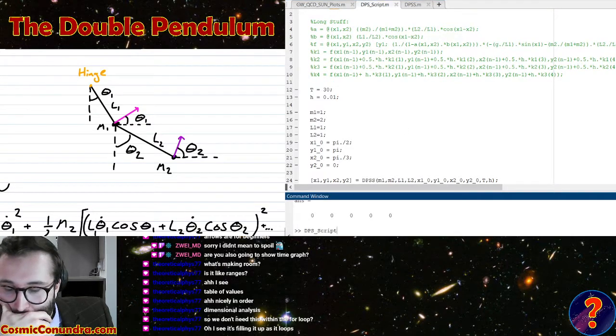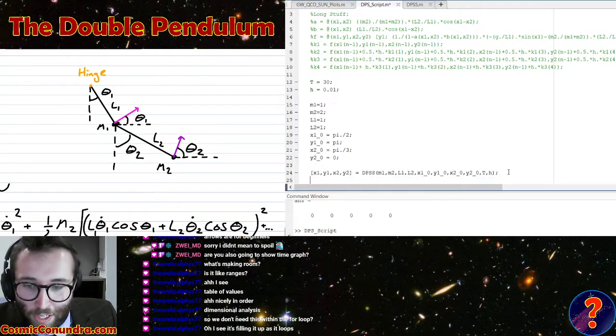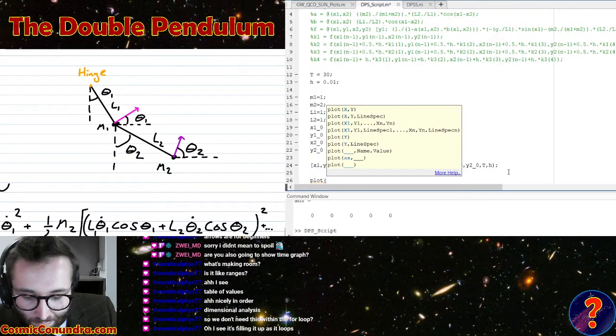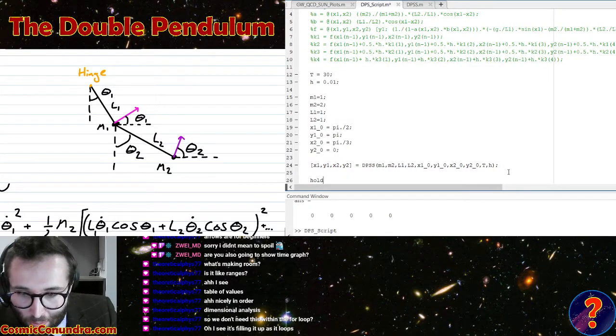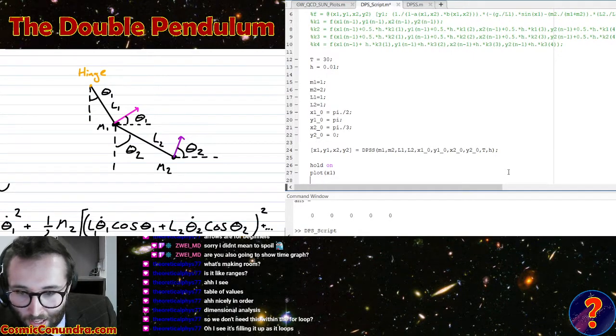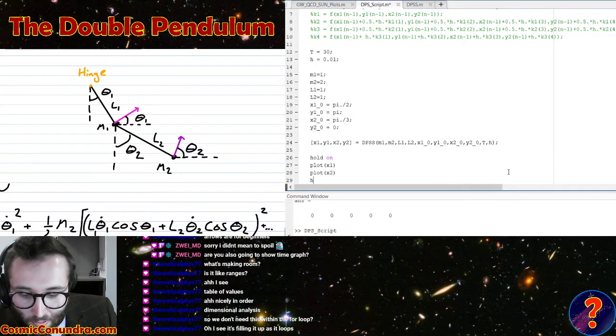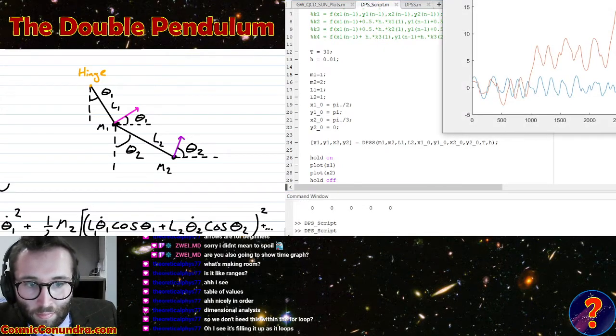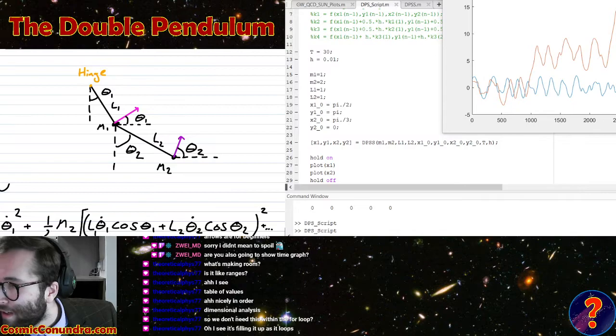Okay, it didn't crash, but I also forgot to actually tell it to plot anything. So let's get it to plot both curves. Let's get it to plot x1, and let's get it to plot x2. Okay. Ah, right. Okay. Can you see that?